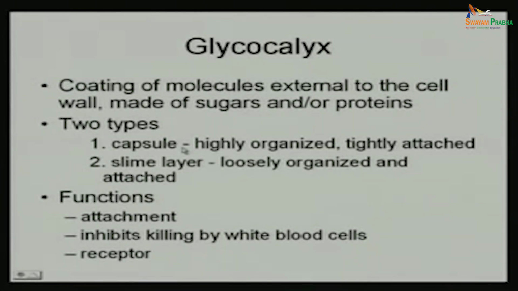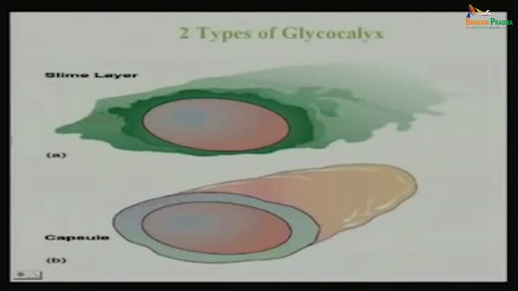One is called the capsule, which is tightly organized and tightly attached to the cell wall. Another is the slimy layer, which is loosely organized and attached. So, this is the slimy layer which is loosely organized, and this capsule has a definite structure.